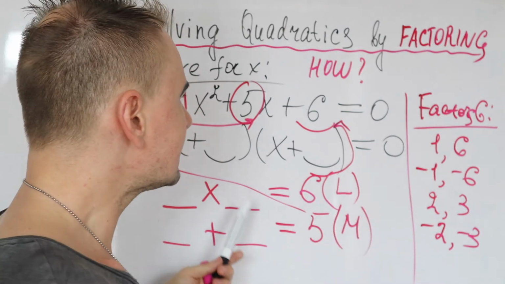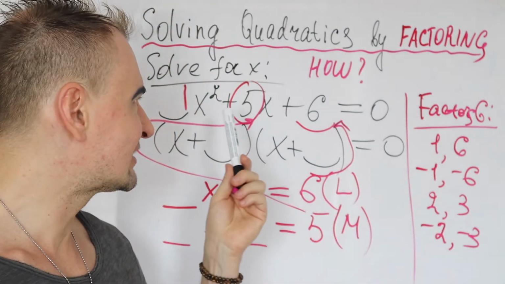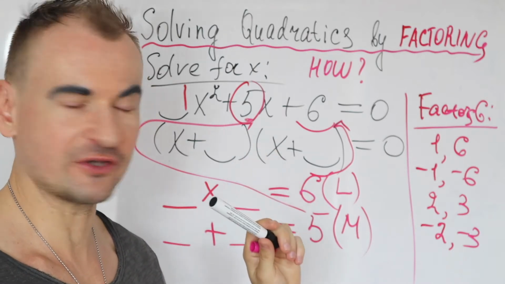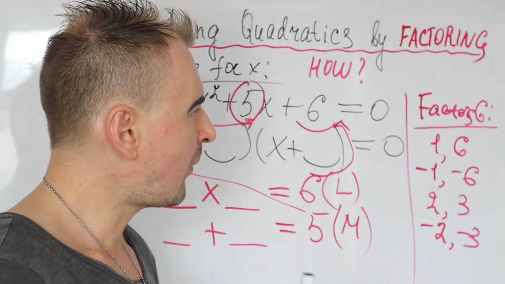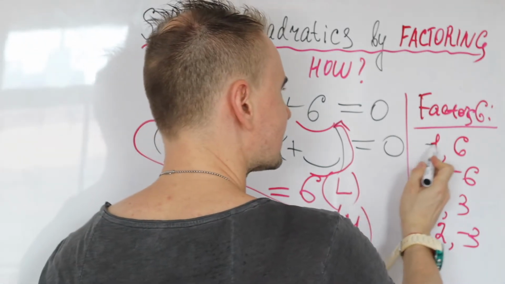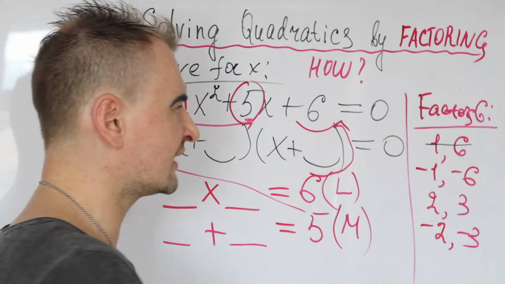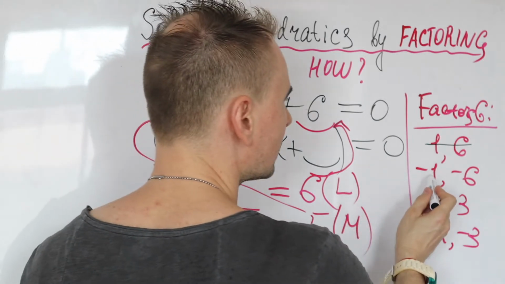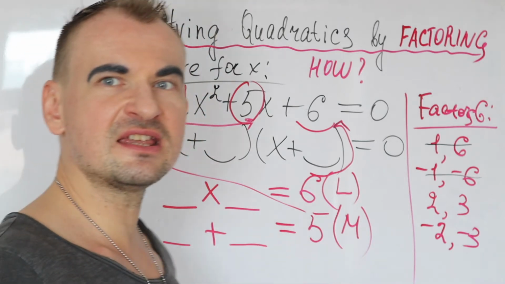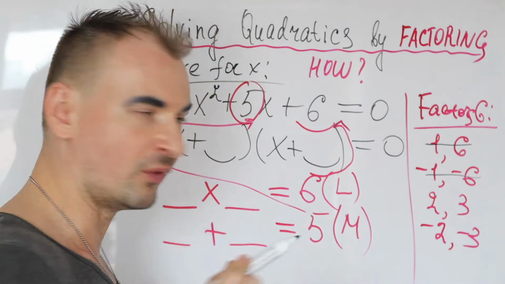Now, let's figure out which pair adds up to the middle coefficient, which is 5. 1 plus 6 is 7. No, it doesn't work for us. Minus 1 minus 6, you add them, negative 7. No way. 2 and 3, 2 plus 3 gives you exactly 5. That's what we're looking for.